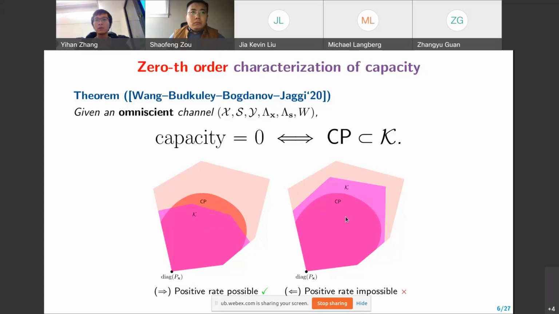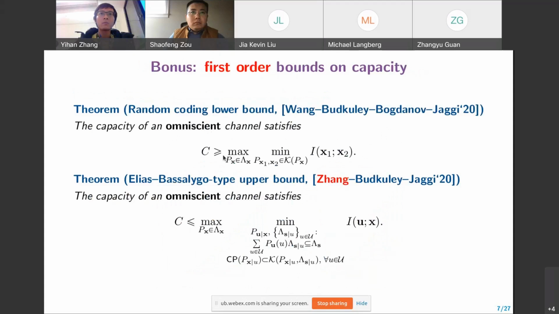I claim no positive rate is possible. So this achievability result is perhaps not too hard. I have just alluded to this proof because it really just follows from a random coding argument. But the other side is highly non-trivial, which I'm not going to get into, but it turns out this characterization is extremely useful. It leads to a burst of results that I'm going to flesh out.